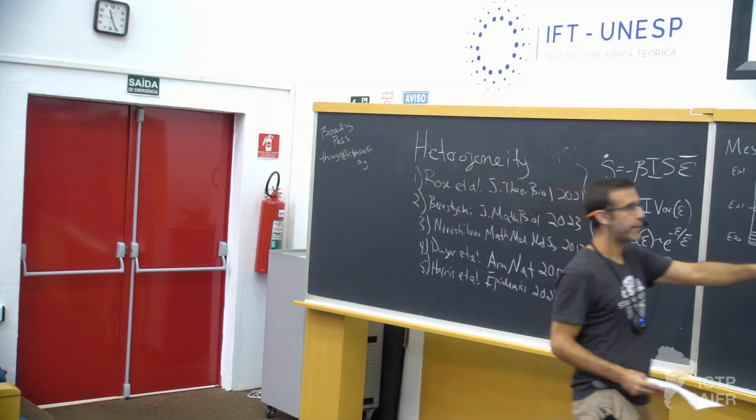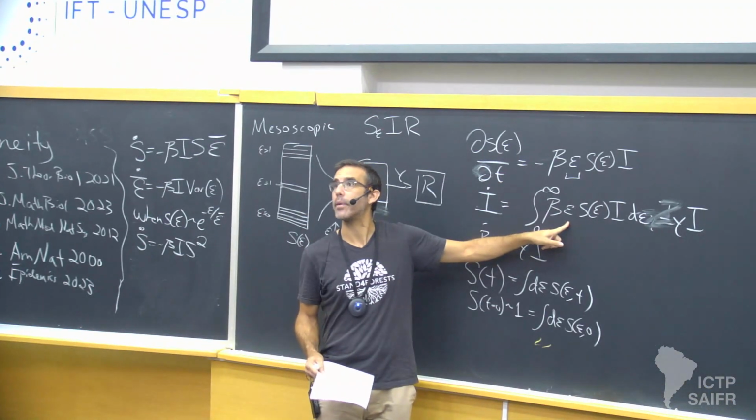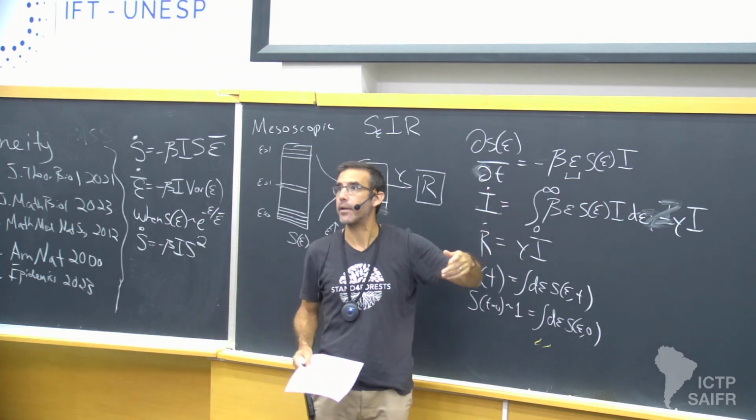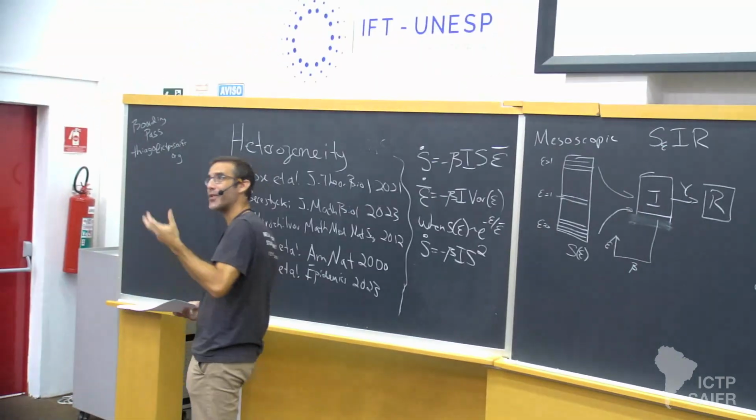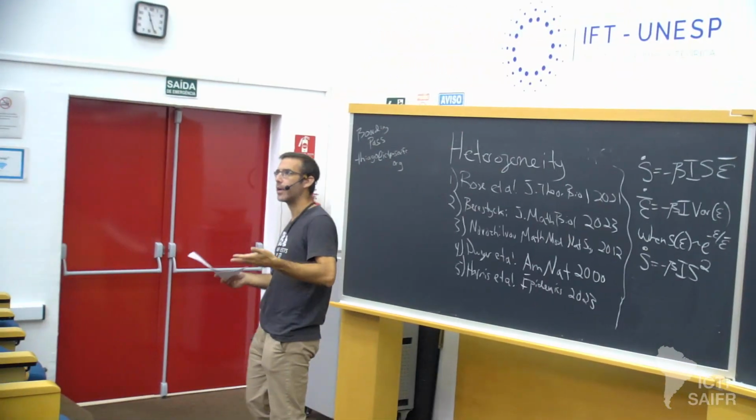But if you wanted epsilon squared, for example, it's fine. You like epsilon squared. Then your S of epsilon has to change because the number of people which scales their attack rate has to be different, right?